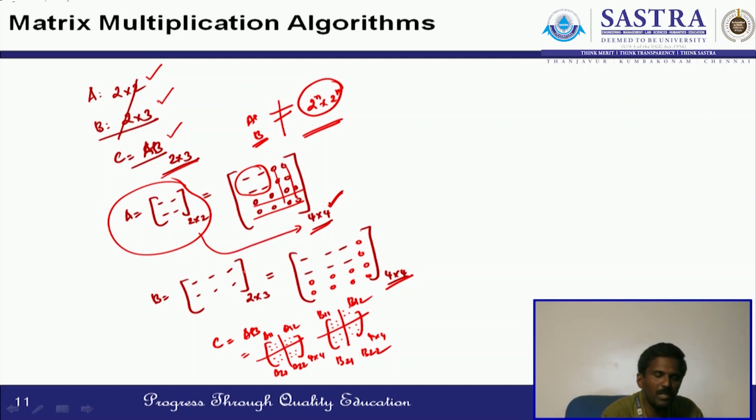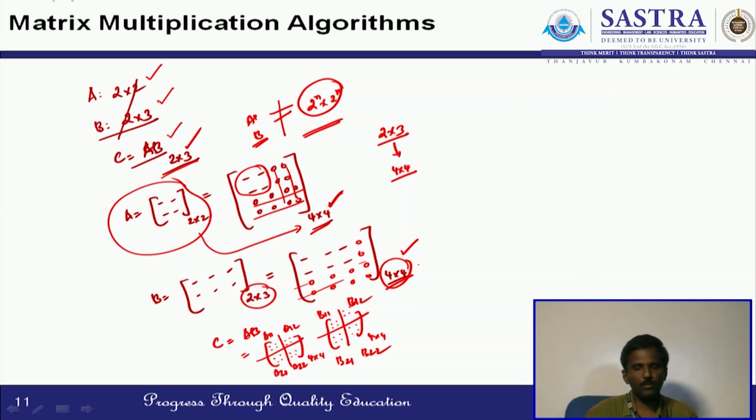Likewise, matrix B is of order 2 by 3, and matrix multiplication is possible. So 2 by 3 should be converted into the nearest power of 2. Here 3 should be converted to 4. So 2 by 3 is converted to 4 by 4. Introduce enough dummy rows and dummy columns so that the resultant matrix is of order 4 by 4. Now writing C is equal to AB, what happens?